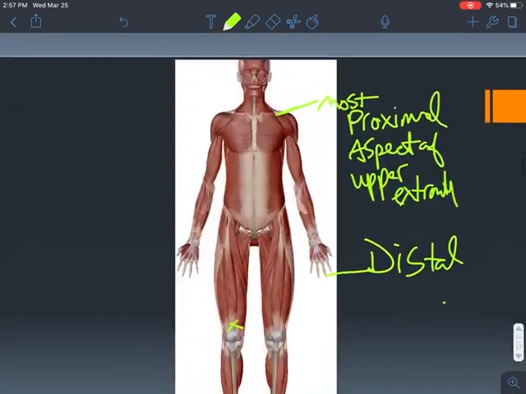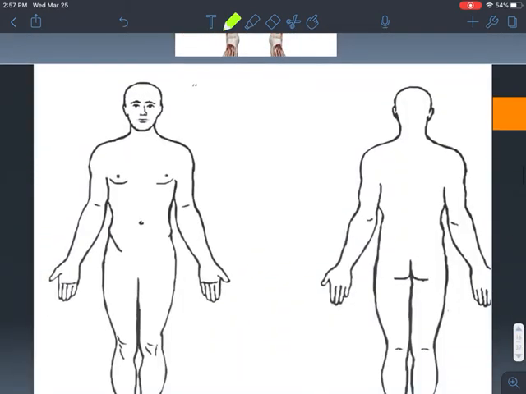Okay, so let's see if we could do something here. Anterior and ventral equals front. Maybe I should type this out.